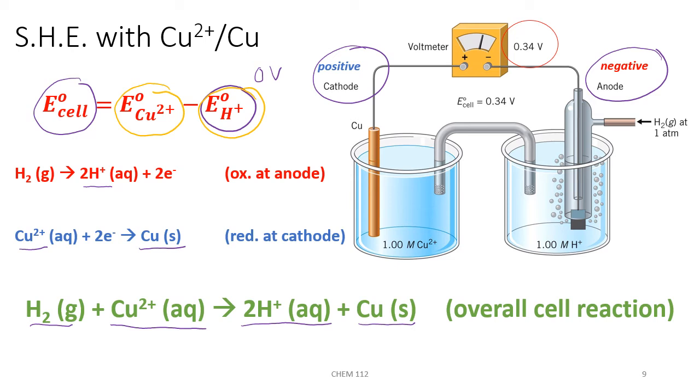That 0.34 volts is our E cell, our standard cell potential. Knowing that hydrogen is assigned 0, and we know our E cell from our voltmeter, we can calculate any other standard reduction potential for anything else we want to. In this case, the copper 2+, or the copper reduction.